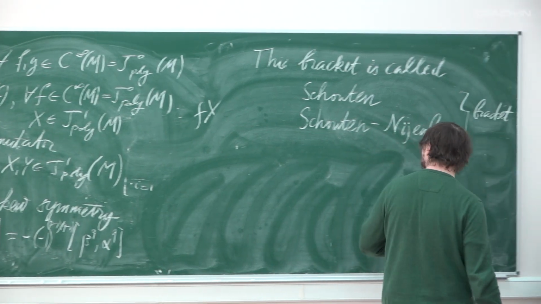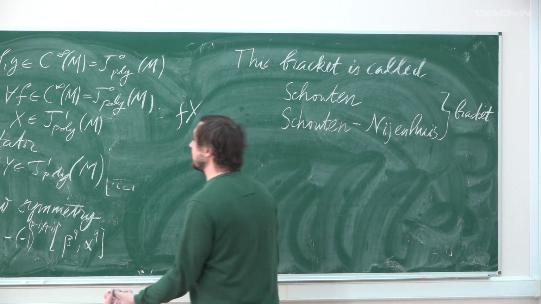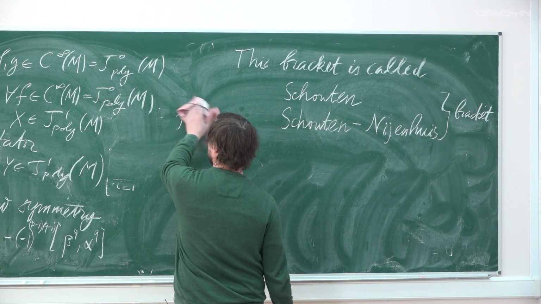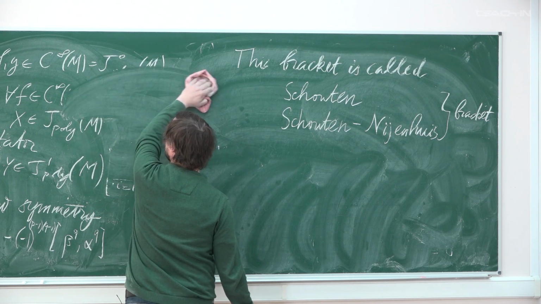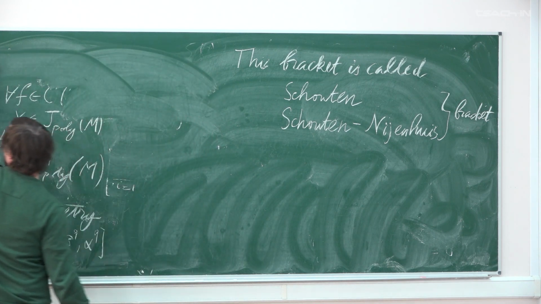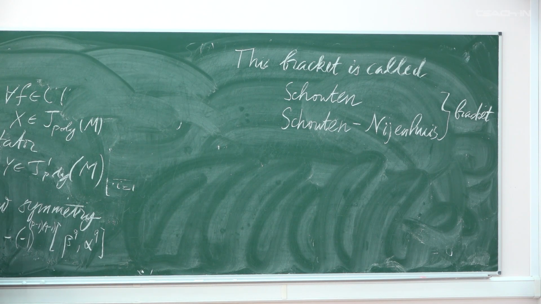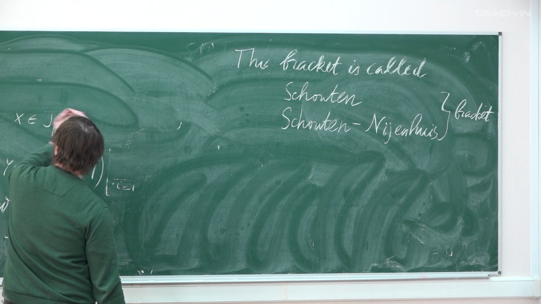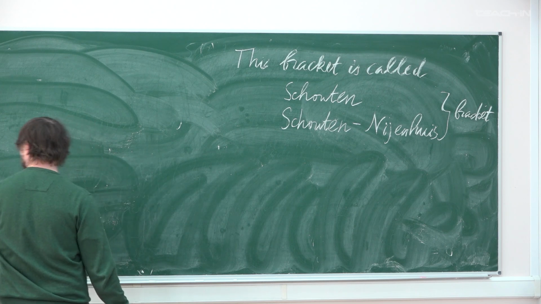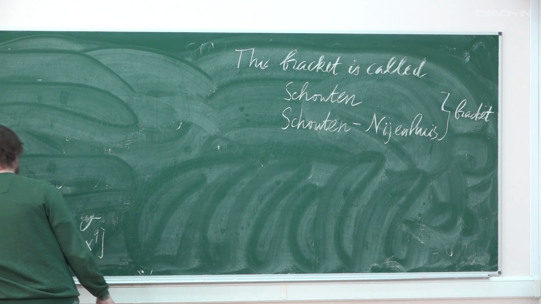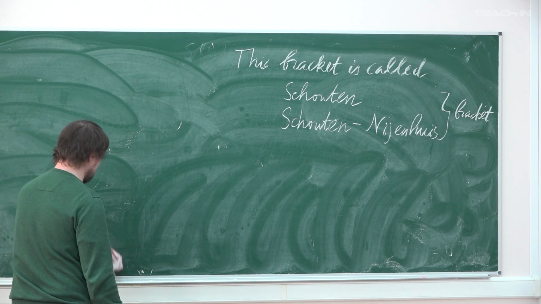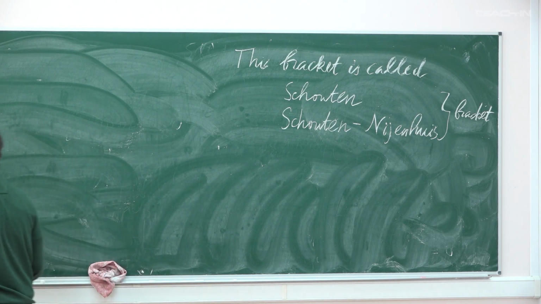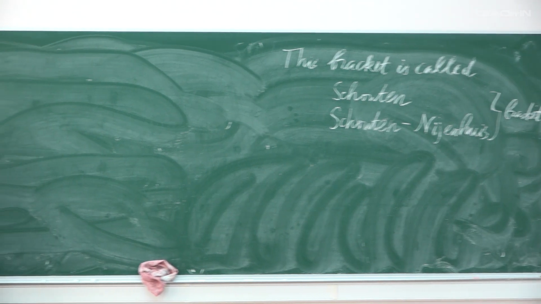So what was the purpose for us to introduce this Schouten-Nijenhuis bracket right now? It is the following theorem, which I am going to prove today, at least to sketch the proof. Maybe I'll give some details next time. Theorem.